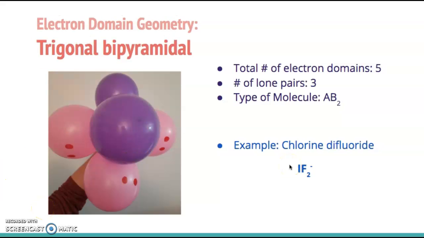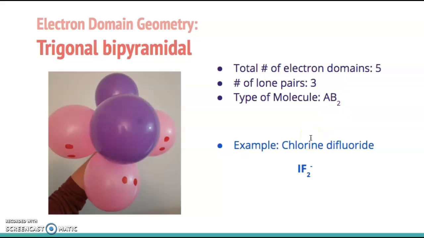Another trigonal bipyramidal, which is different because of the number of lone pairs again, just as we saw in the last example, but it still has a total of 5 electron domains. So we have 3 lone pairs here represented by pink, and then 2 bonded locations represented by the purple. Since we have 2 bonded locations, the type of molecule is AB2.